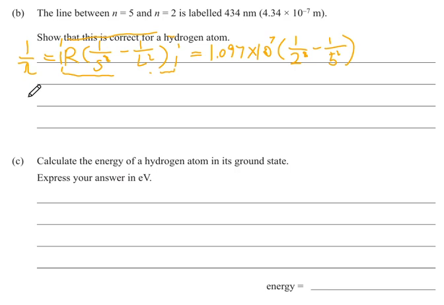So your lambda is going to be 1 over all of this. We have to write it like this so that we can calculate the lambda directly. Let's use our calculator.